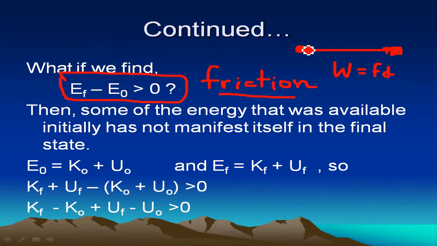What if we took a second path, and we took the box up here and brought it around, and then brought it back, and we ended at the same point? Would the amount of work that you do be the same or different?